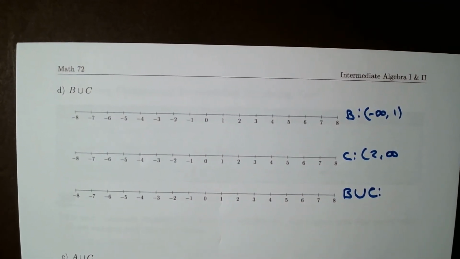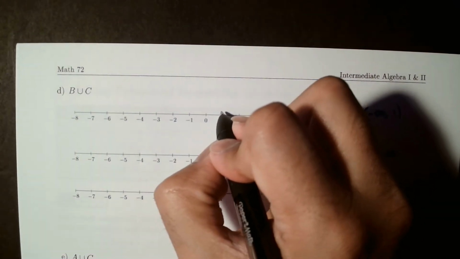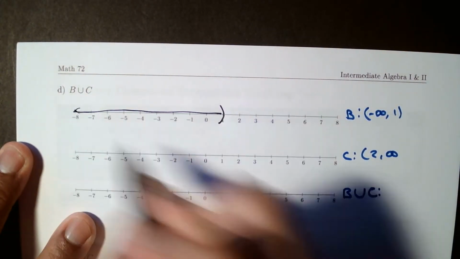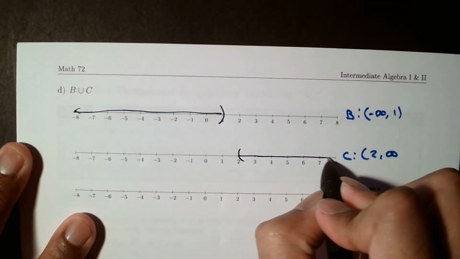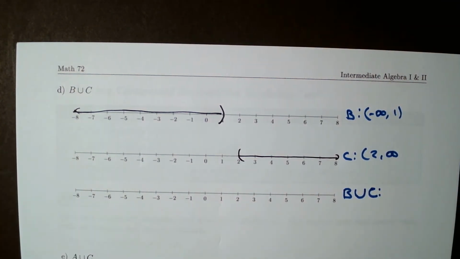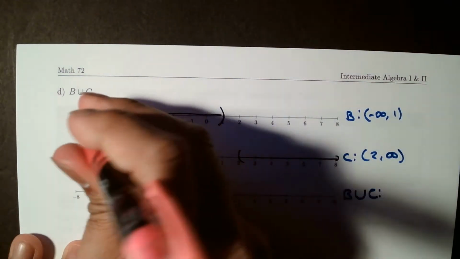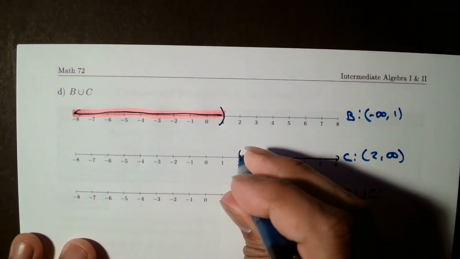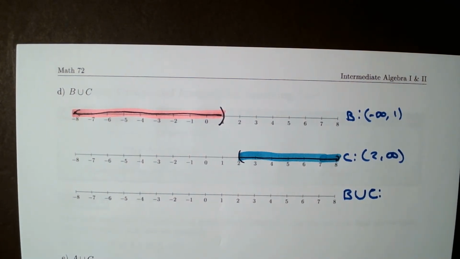For B, which is negative infinity to 1, it's going to go in this direction. For C, it's going to go from 2 to infinity in that direction. Nothing different from the previous one. Before putting this together, let's shade them so you can see the colors. That way it will be easier to visualize what's going on in here.